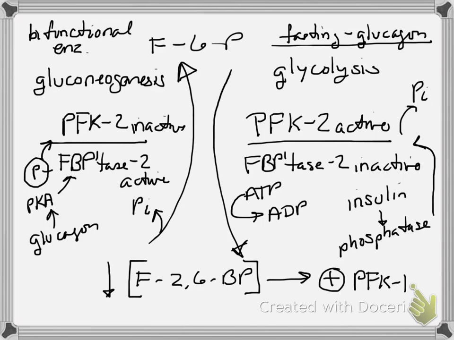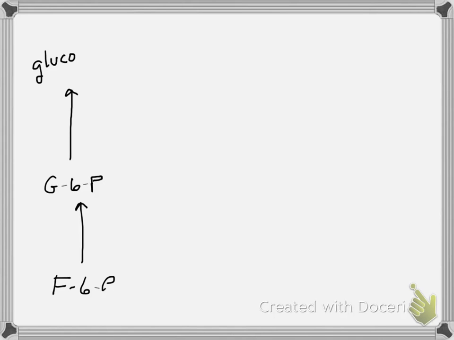Okay, now, so we've got our PFK1 inhibited, so we're generating our fructose 6-phosphate. You know the next step, the phosphoglucose isomerase, making glucose 6-phosphate. And now we have to take this to glucose in order to complete gluconeogenesis. Okay, so we have another problem.